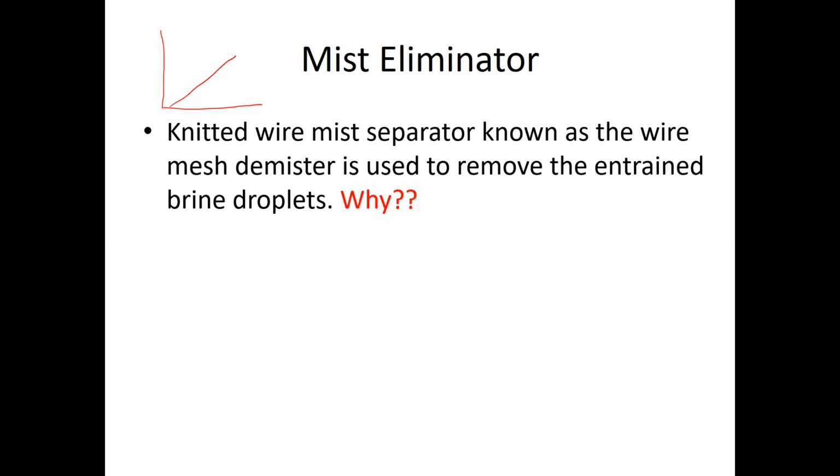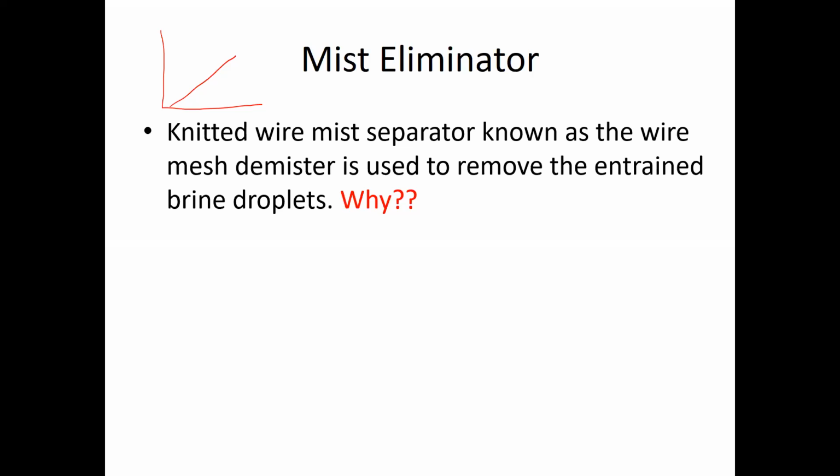Seawater is an aggressive compound because of the salts it has. You must have seen that corrosion is there whenever units are close to the sea. Even houses by the sea need to be painted every couple of years or so, because seawater is aggressive in nature. So we do not want seawater droplets to be carried to the condenser, and we have to get rid of them.